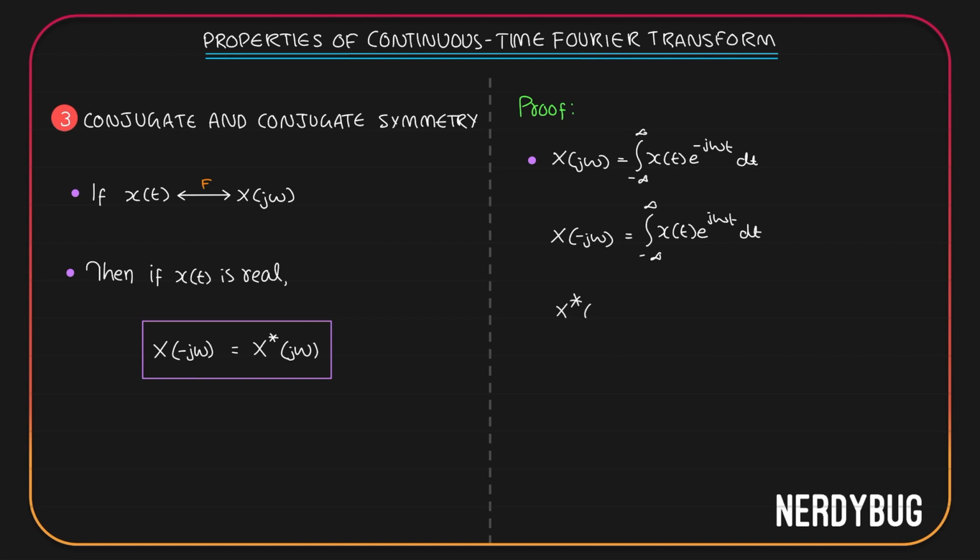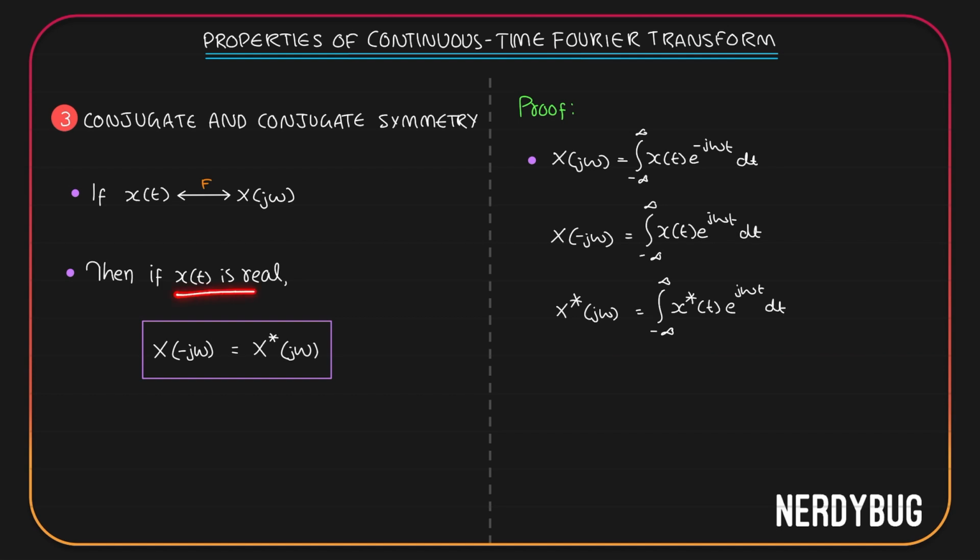But now I want X conjugate of j omega. We have X of j omega here. To take X conjugate of j omega, I'll have to take x conjugate of t and conjugate of e raised to minus j omega t, which can be obtained if I simply change minus j to plus j. So this is integral from minus infinity to infinity x conjugate of t e raised to plus j omega t dt.